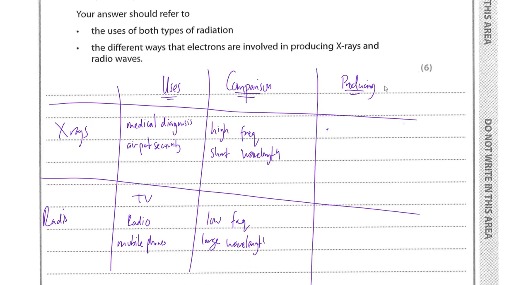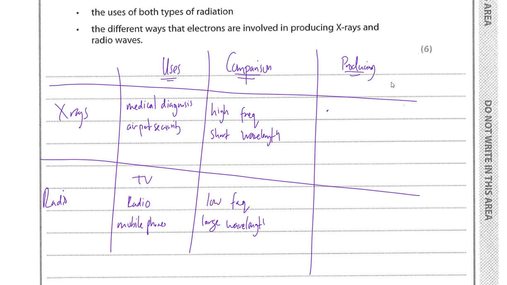Now, what happens is, let me draw an atom somewhere here. I've got the atom, I've got the shells going around, let's say two shells. The electron in the lowest energy level is going to gain energy, and when you gain energy, it's going to go up a level.